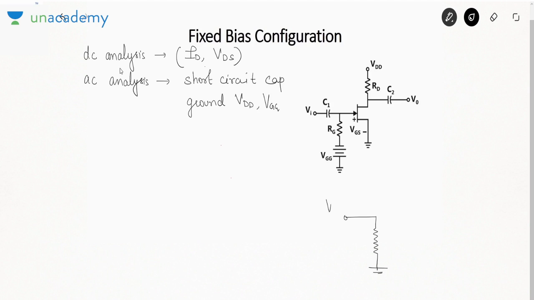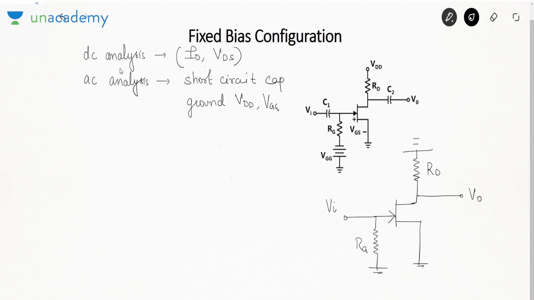This is Vi, the capacitor has been short circuited, RG, then this is RD, this is ground. The capacitor is shorted, V0. So that will be the circuit.